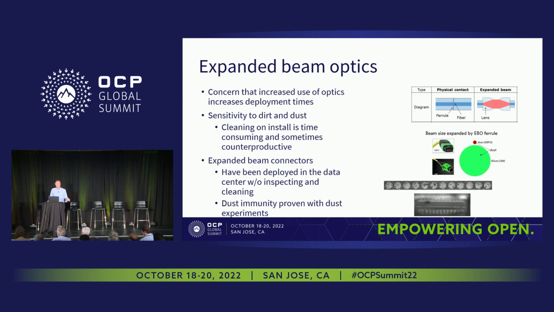And we've actually deployed some clusters using expanded beam optics and found very good results in terms of you can hook these more tolerant optical connections up as easily as if they were copper connections. And that way we redress the potential impact on TCO of saying you're going to slow down deployment. And actually slowing down deployment of machines is a really big TCO hit for us if you're stacking things back through the manufacturing cycle.